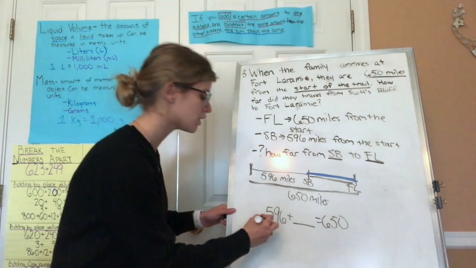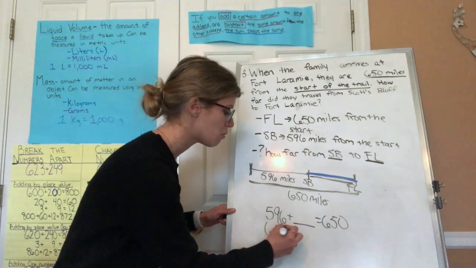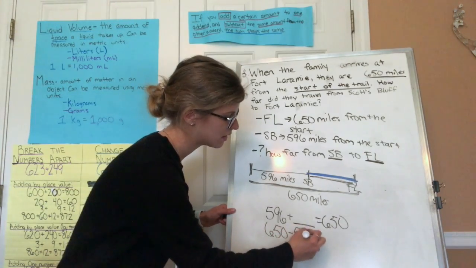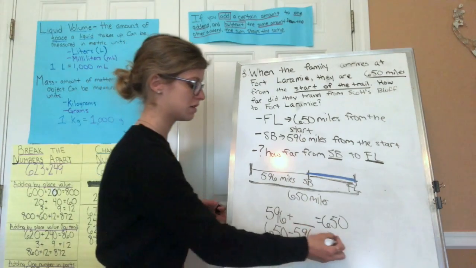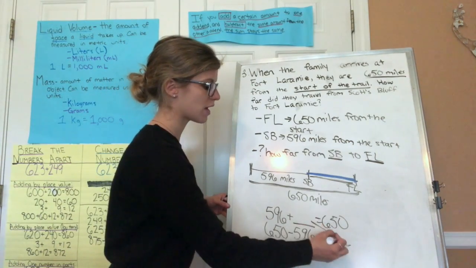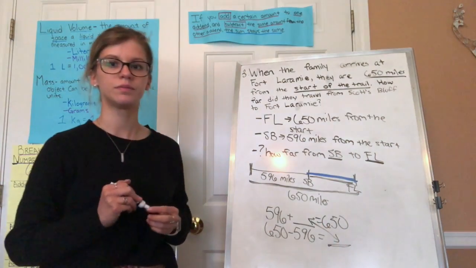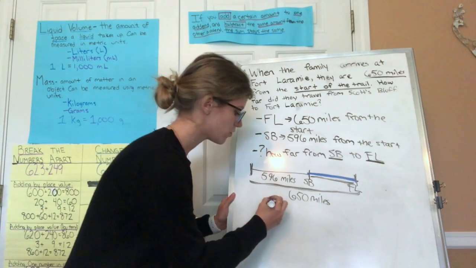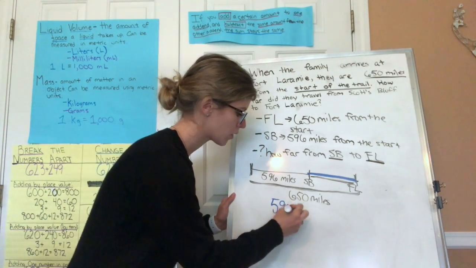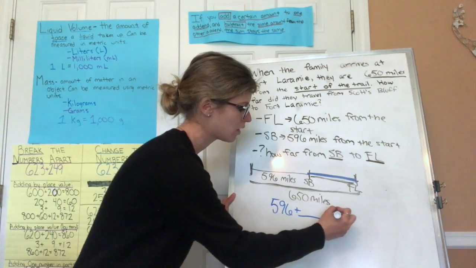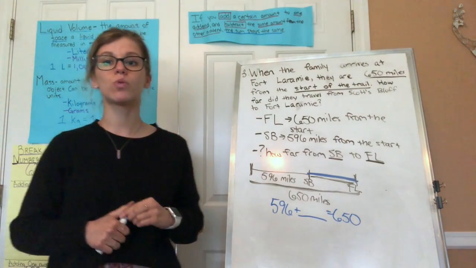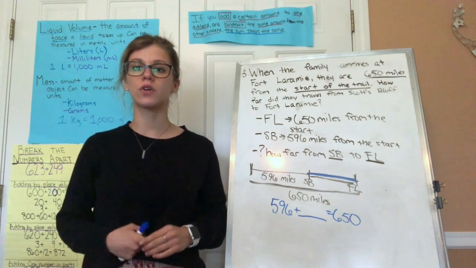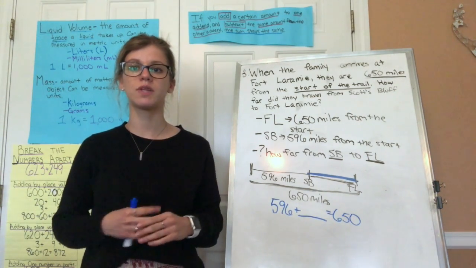I could have also done 650 minus 596 because it's a fact family, so this will be the same answer both ways. So if my equation is 596 plus what equals 650, what I want you to do is use one of our strategies to solve this equation. Pause me now and do that.